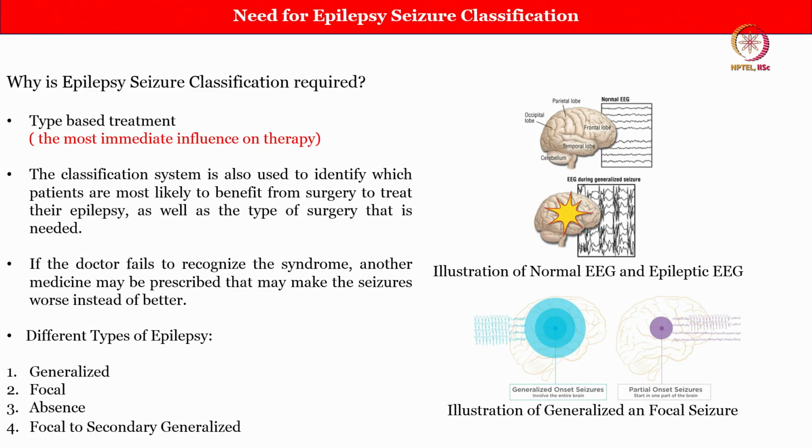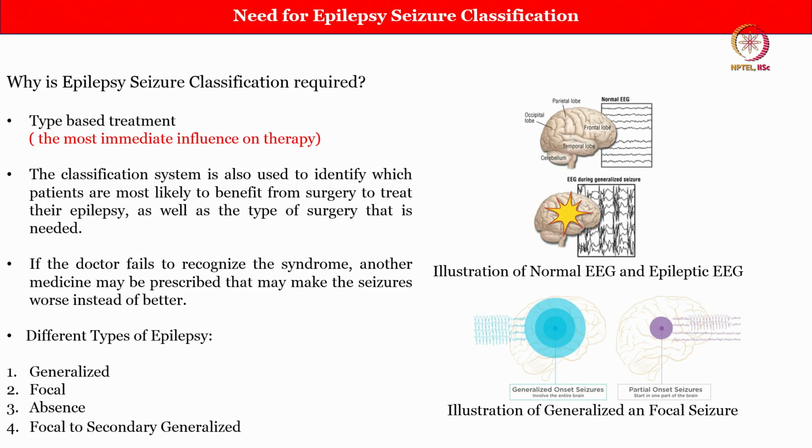Second, the classification system is also used to identify which patients are most likely to benefit from surgery to treat their epilepsy, as well as the type of surgery that is needed, because like I said, in certain cases there is something called intractable epilepsy where it cannot be treated by taking drugs, and in that case a person has to go for surgery, and epilepsy classification would help to know what kind of surgery is needed.